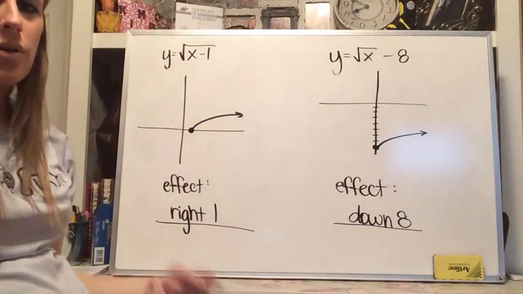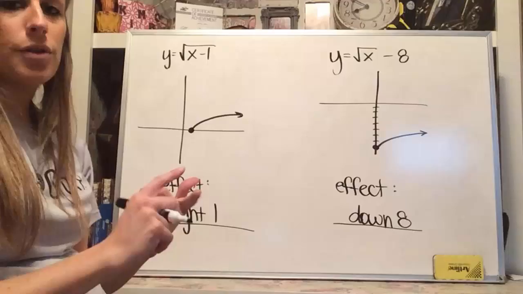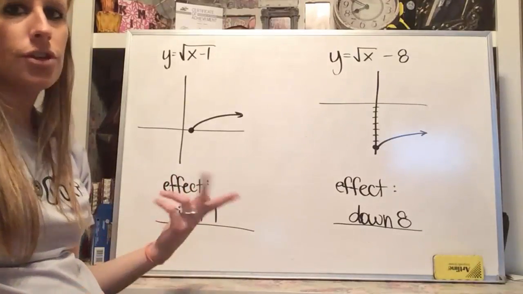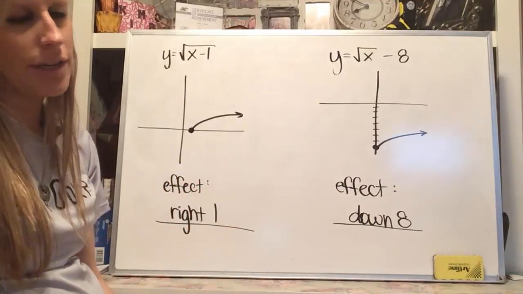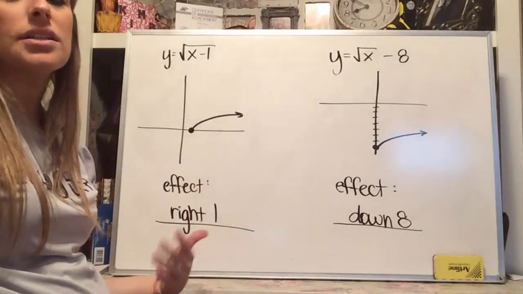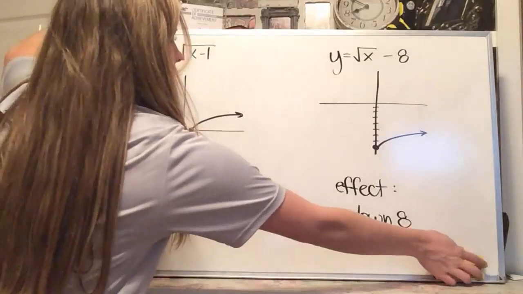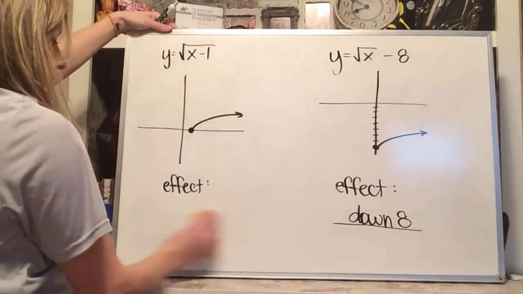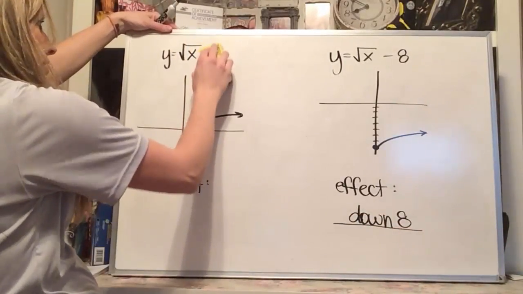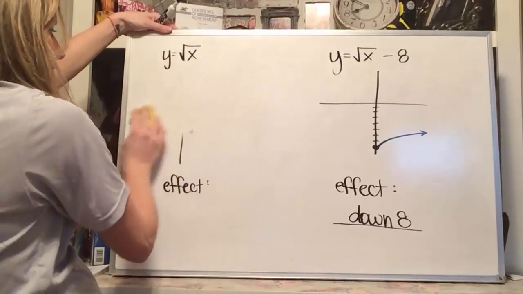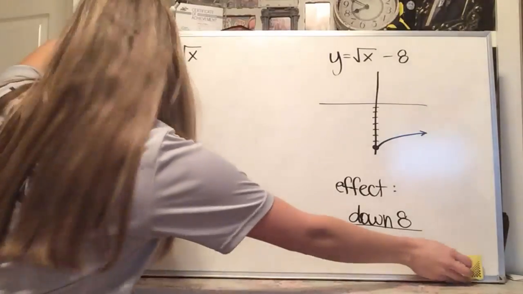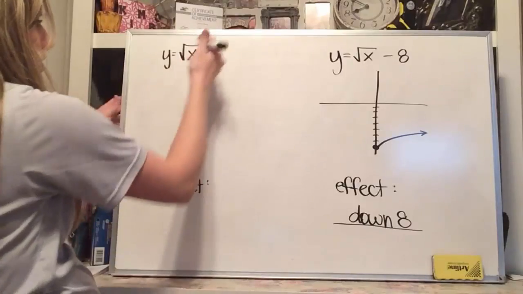And I'm moving pretty quick because it should be a review for 1, and then for 2, we're just repeating the same transformation. So it should start to get a little easier. Okay, the next one, my equation has the square root of x with a plus 3 at the end.